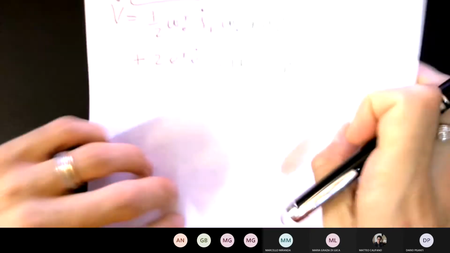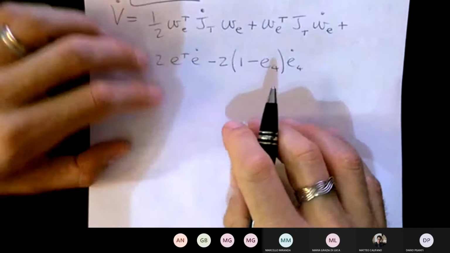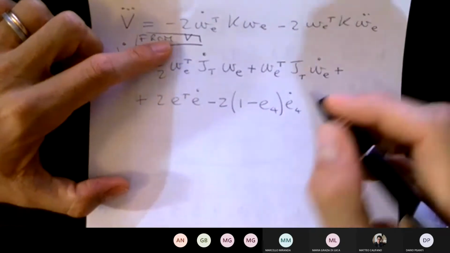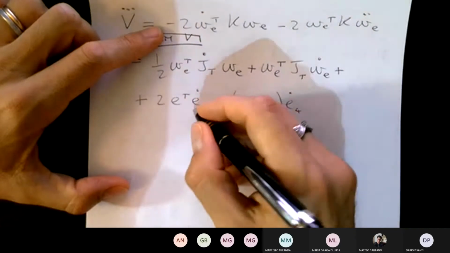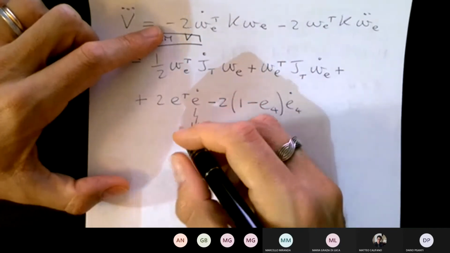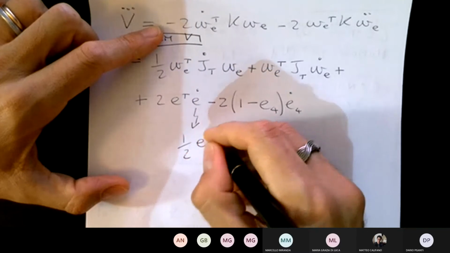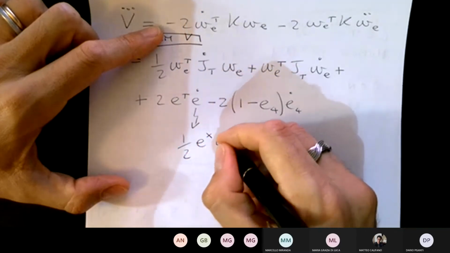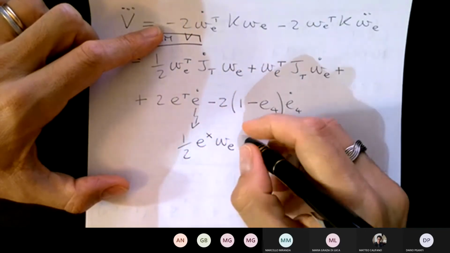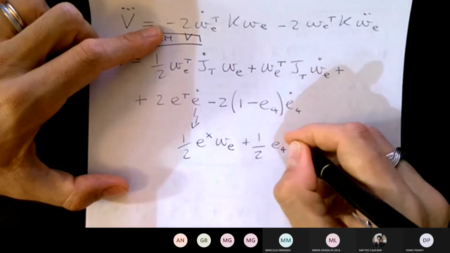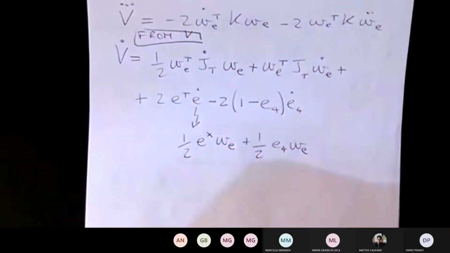You can show that E dot, this term here, is equivalent to 1 over 2 E skew-symmetric matrix applied to the angular velocity error plus 1 over 2 E4 omega E. How do you prove that?